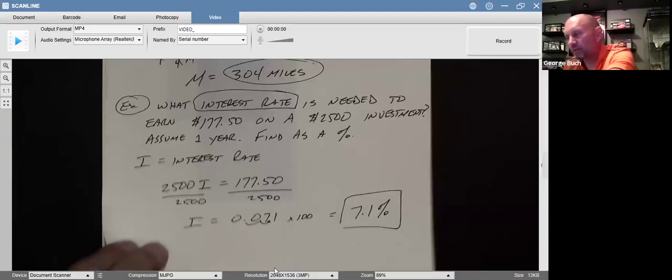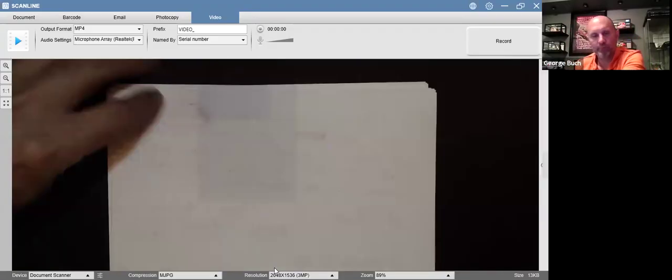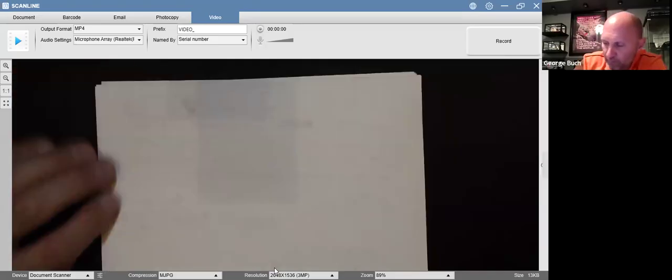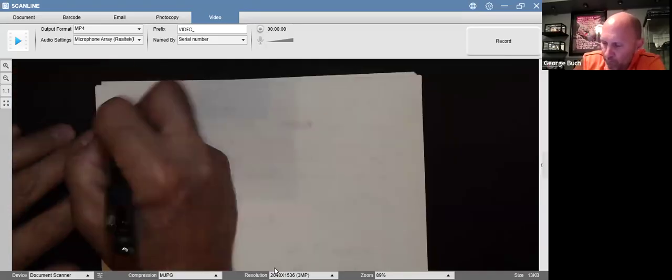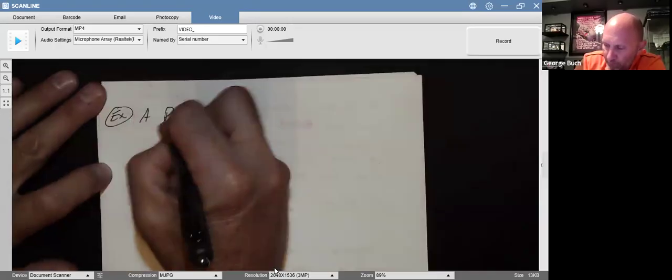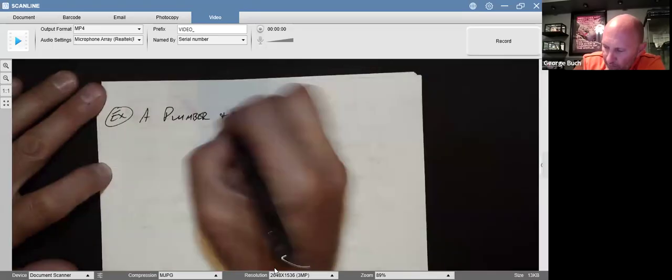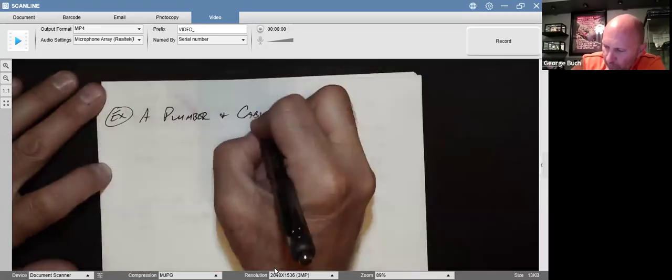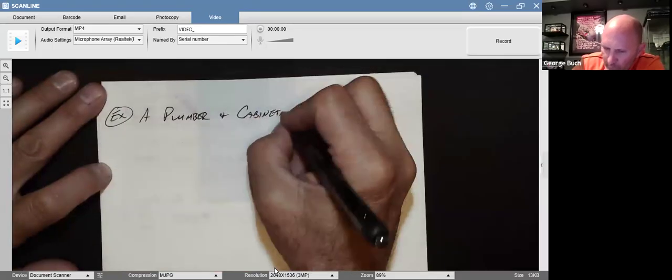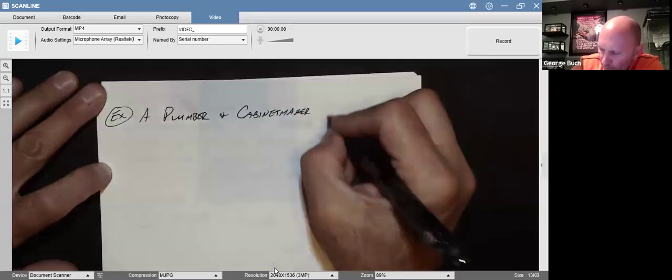All right, last example. So a plumber and cabinet maker work together on a job.